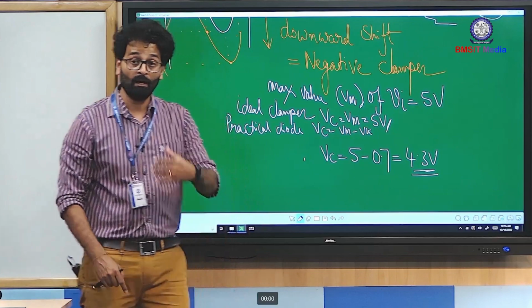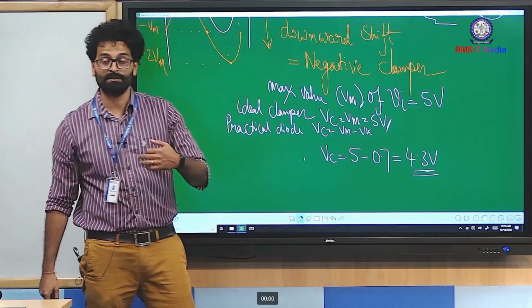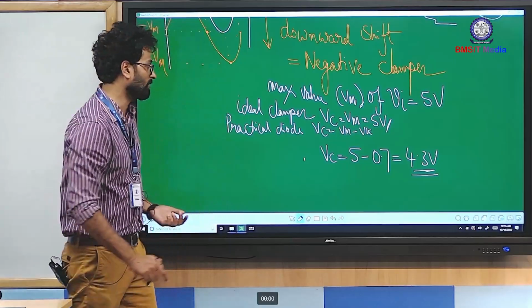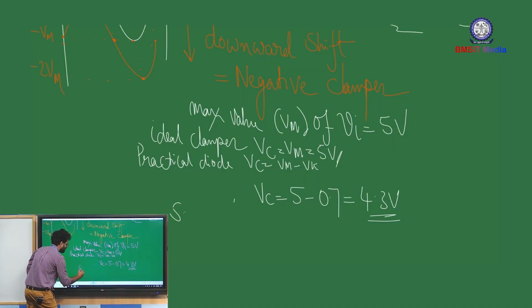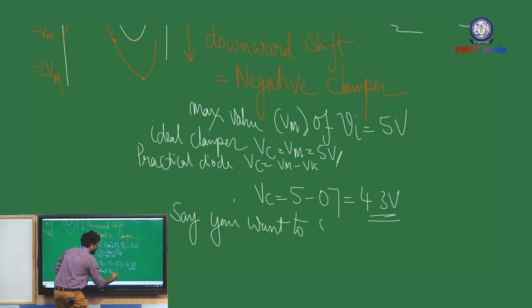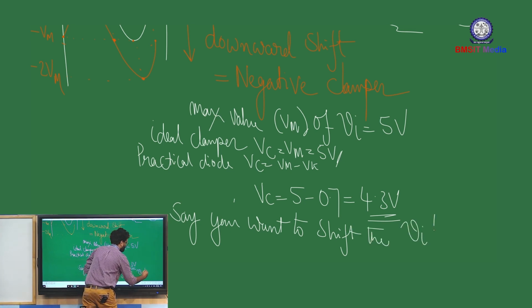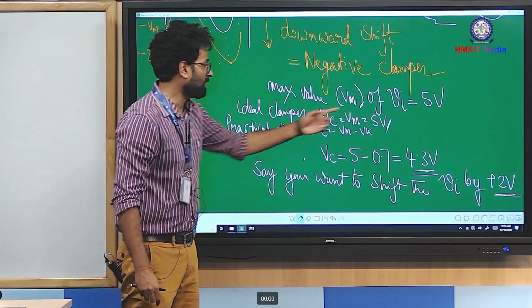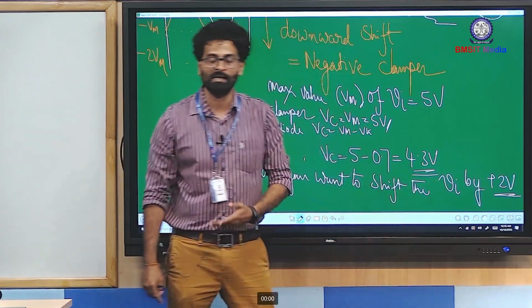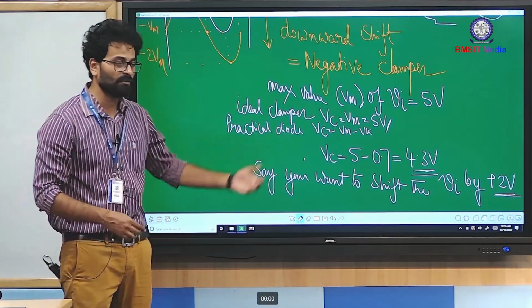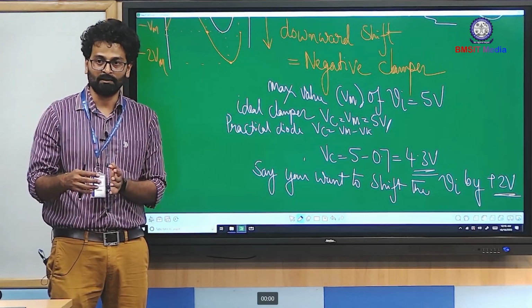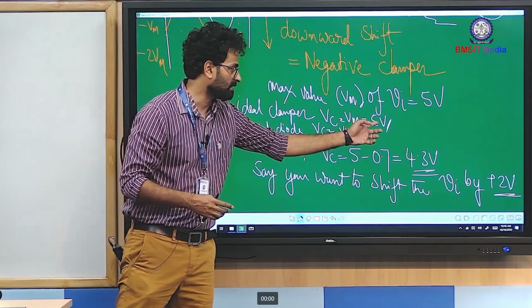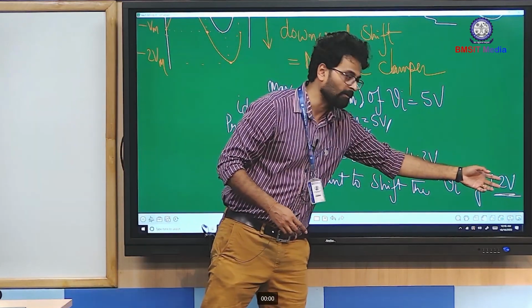If you don't want to insert 4.3 volts, for instance you want to insert, let's say, 2 volts, say you want to shift the input waveform by plus 2 volts instead of plus 5 volts, then you have to use an additional source that subtracts from this 5 volts and gives a resultant voltage of 2 volts.